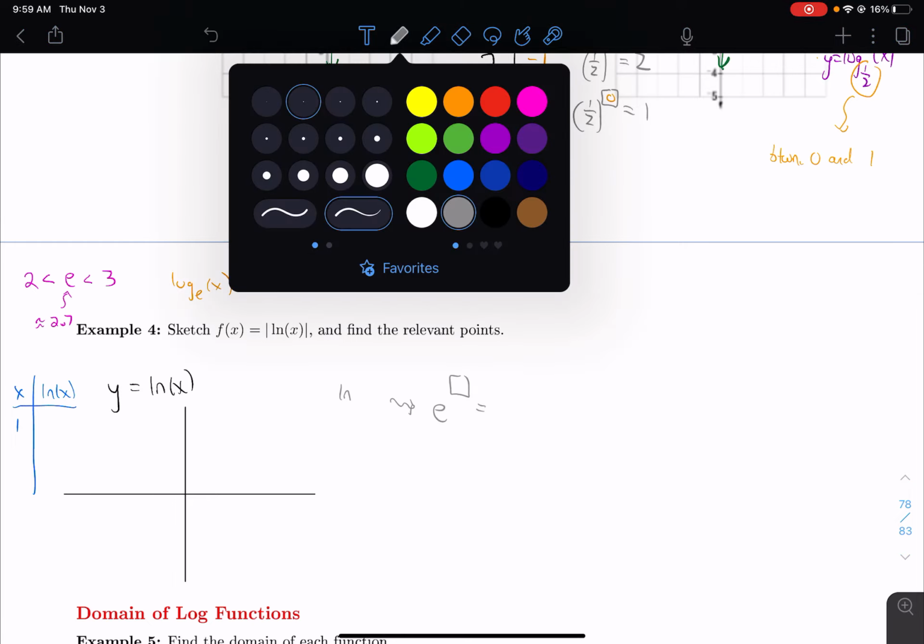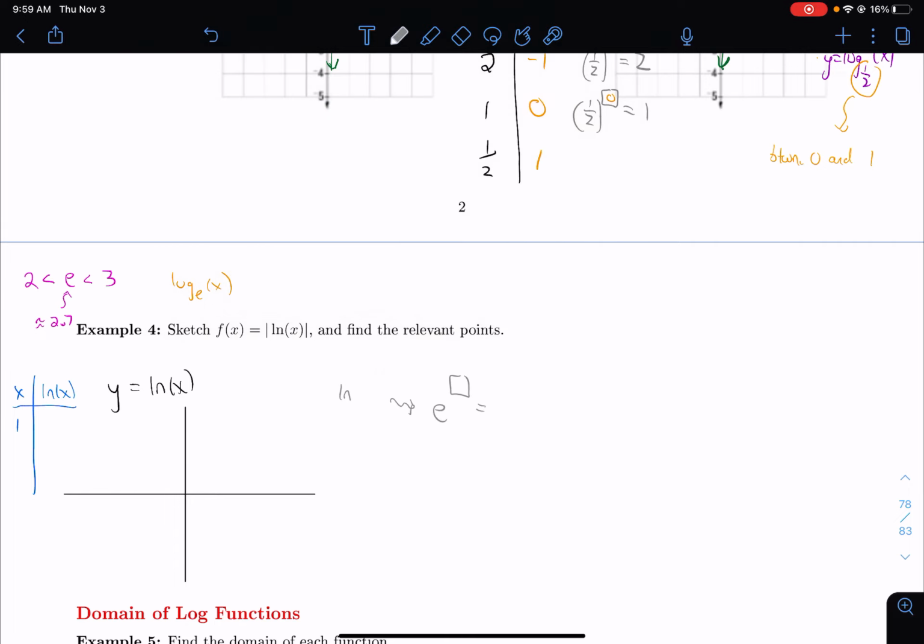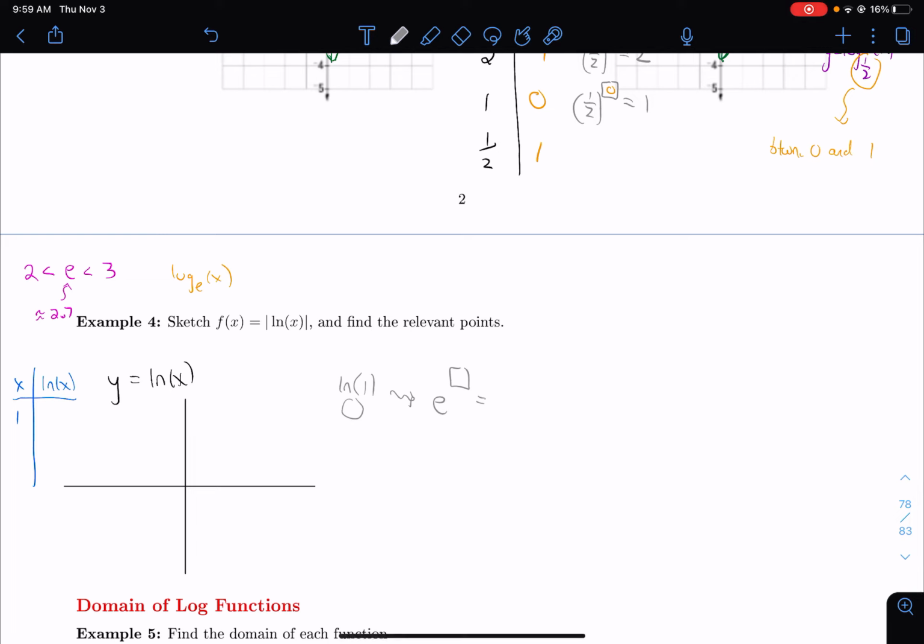I'm plugging in 1. But the base of the log is e, so I want to know e to what power equals 1. That exponent's got to be 0, so ln of 1 is 0. Let's plot that point. When x is 1, that's a point on the graph at 1, comma 0. It's got the same balance point that those other log graphs have at 1, comma 0.